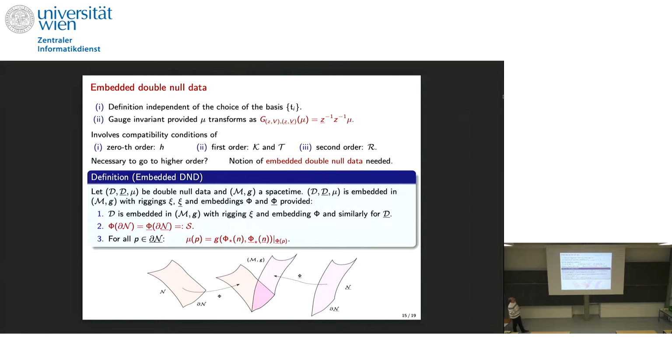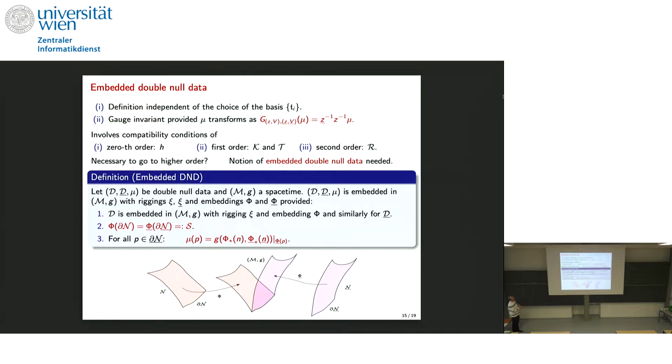And to be able to answer that, I need the notion of embedded double null data. The definition is completely natural. Once you have double null data, you will say that it's embedded whenever each of the two sides is embedded on its own and the boundaries agree. So now you have boundaries and you want the two boundaries to actually go into the same place, so that in the embedded case, you are describing really two transversely intersecting null hypersurfaces.